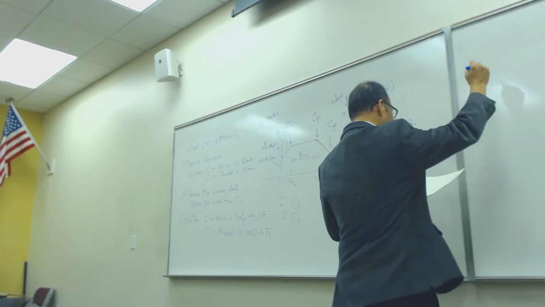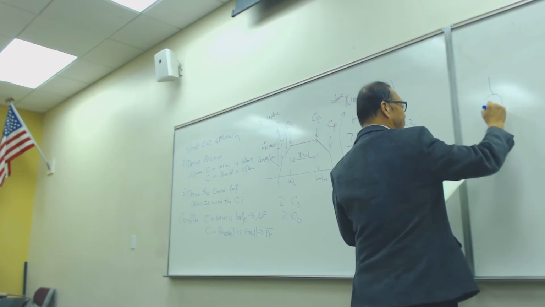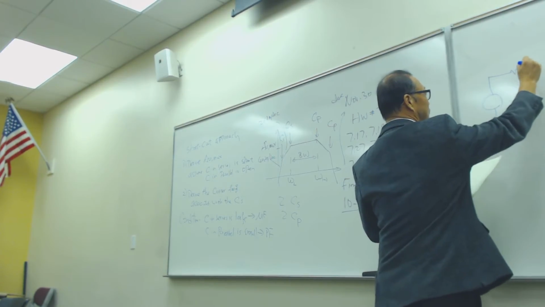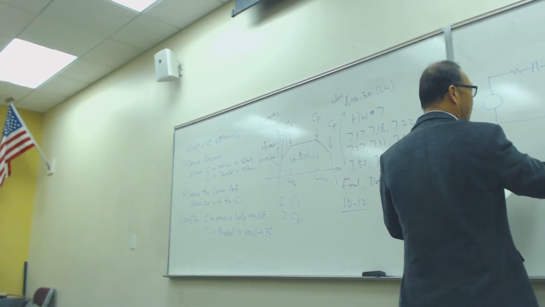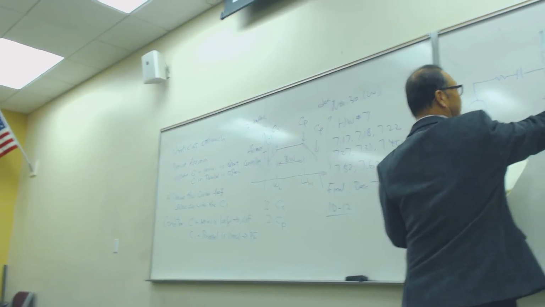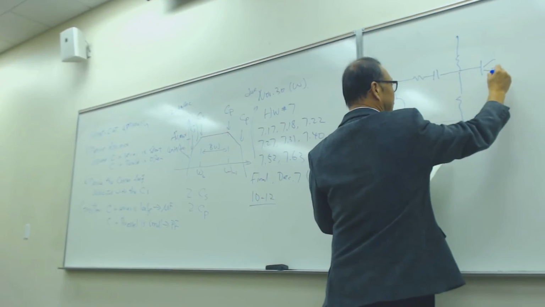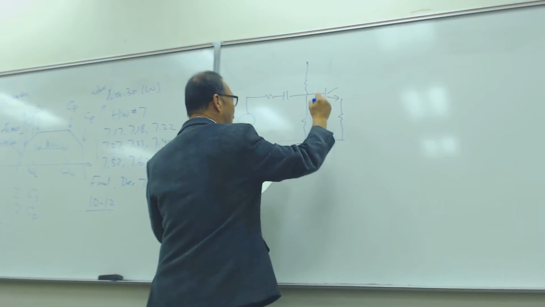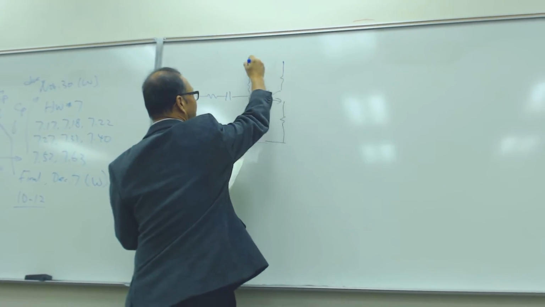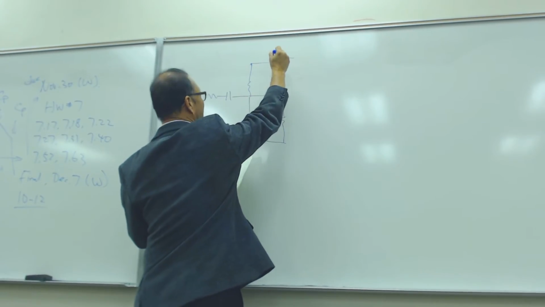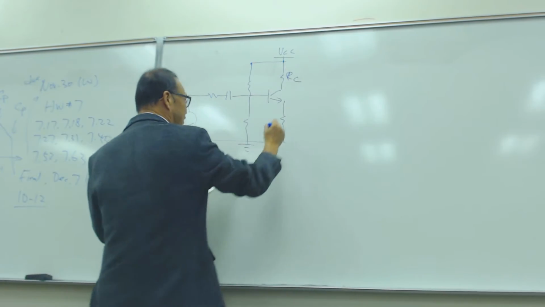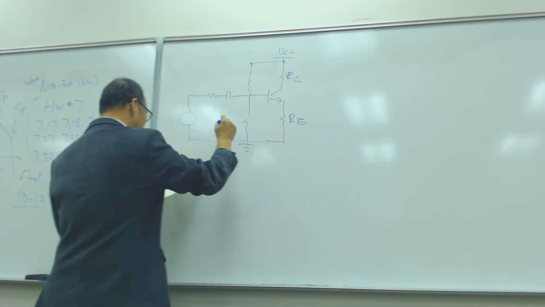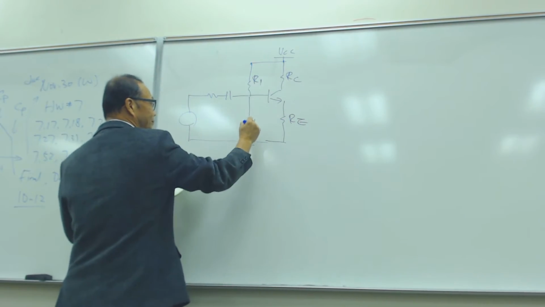Okay, so let's do this example first. Start with something simple. So this is a BJT amplifier. Maybe you have forgotten about BJT stuff, but I hope you do not.